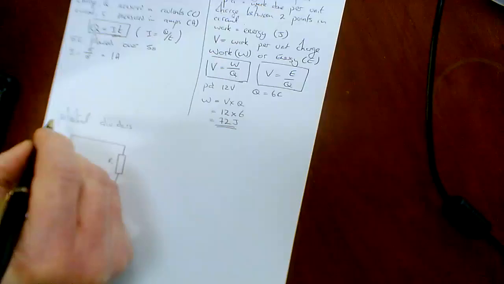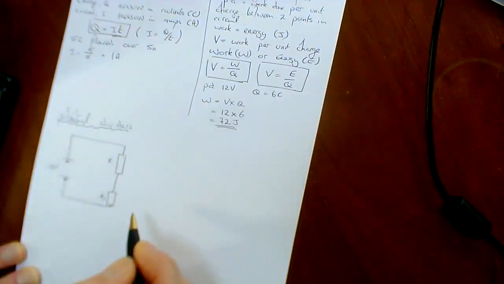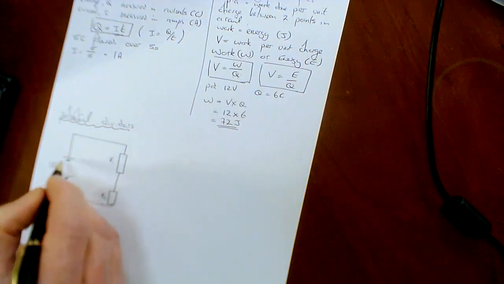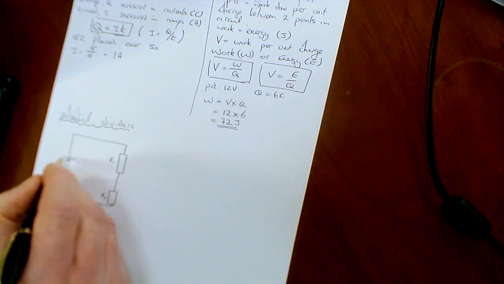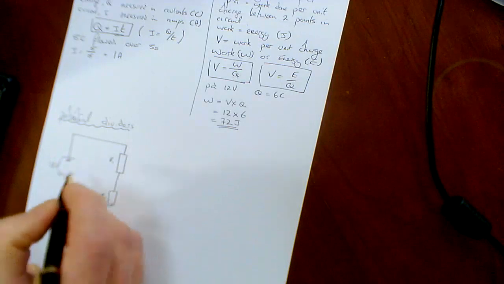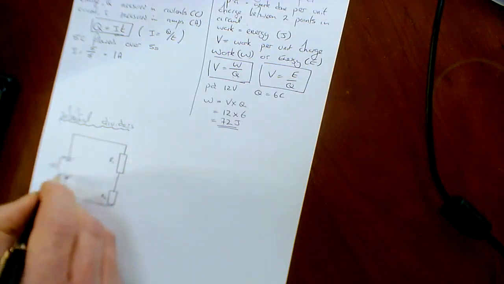Now, what we said about potential difference before was that the total rise from positive to negative is 12 volts. So just go that way.